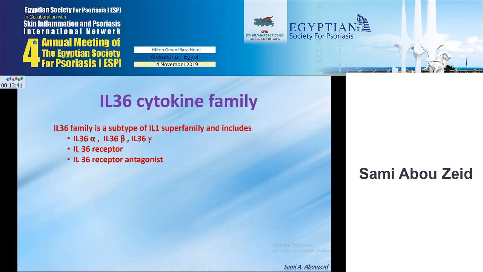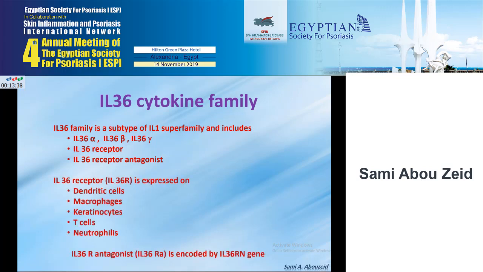Now, the interleukin 36 receptor is expressed on various cells: dendritic cells, macrophages, keratinocytes, T cells, and neutrophils. And the interleukin 36 receptor antagonist is encoded by the interleukin 36 RN gene.